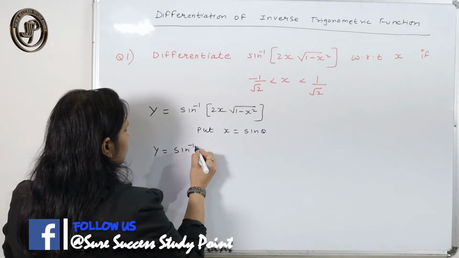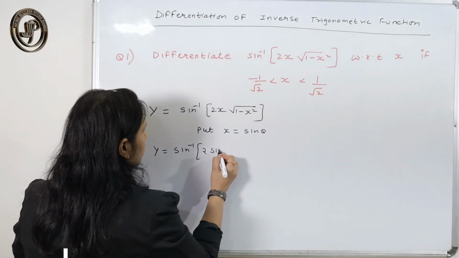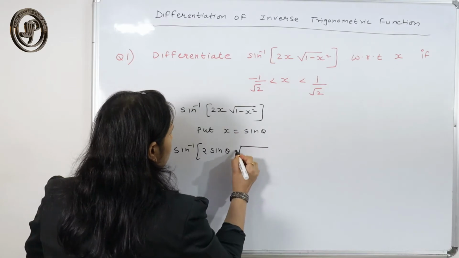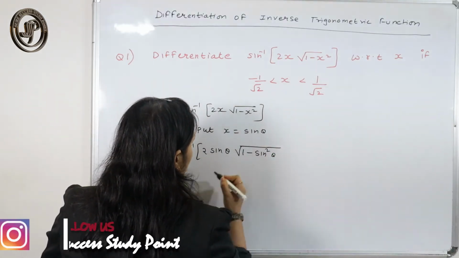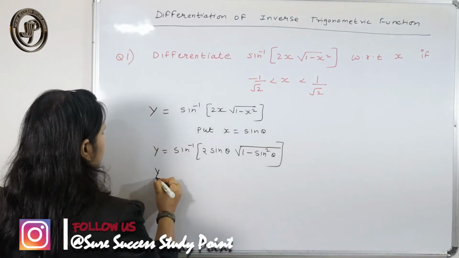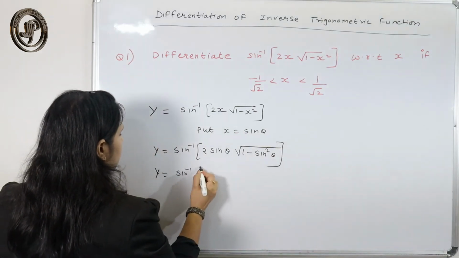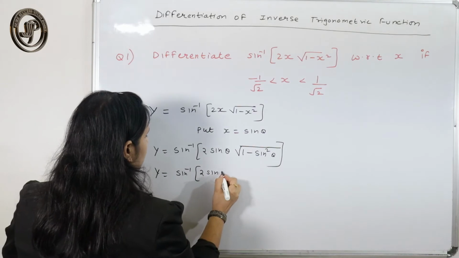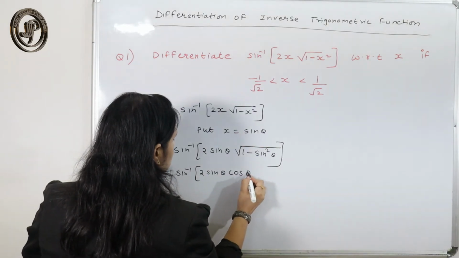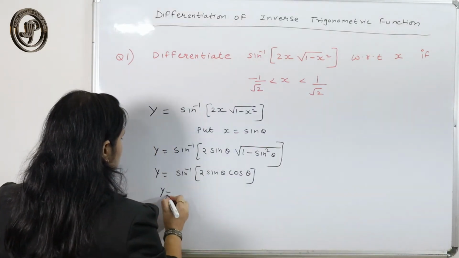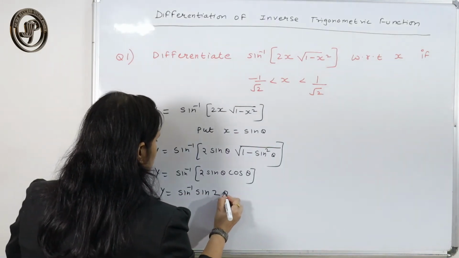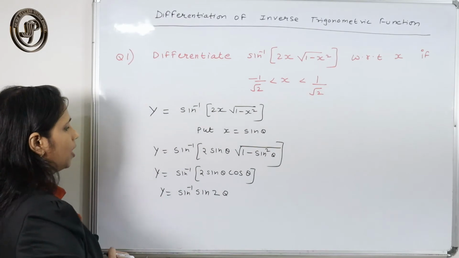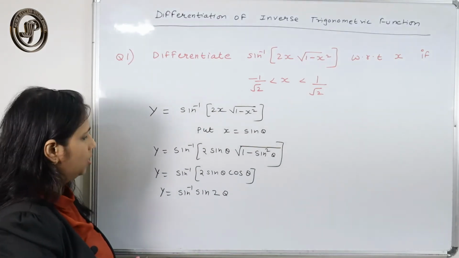So sin inverse of 2 sin theta under root 1 minus sin square theta. Right? So this becomes what? Sin inverse of 2 sin theta cos theta. So this will be sin inverse sin 2 theta.